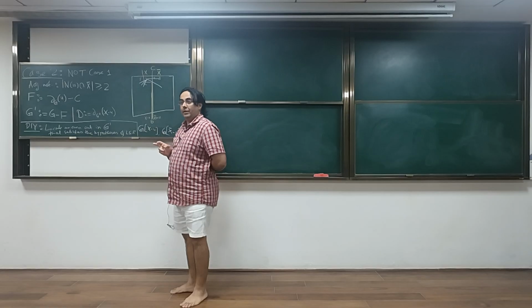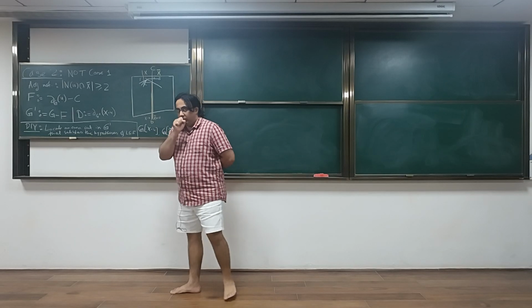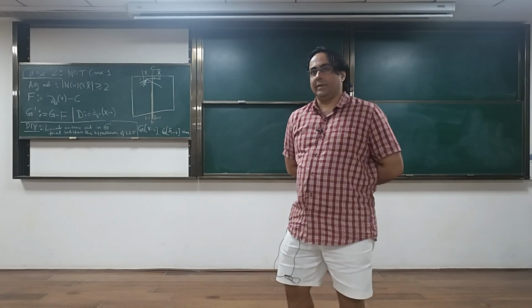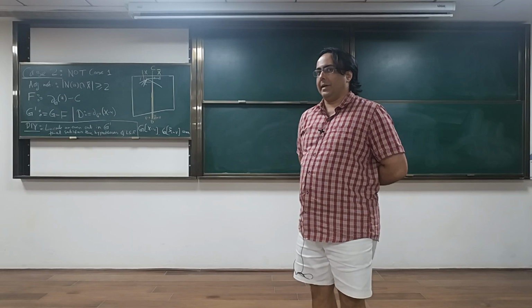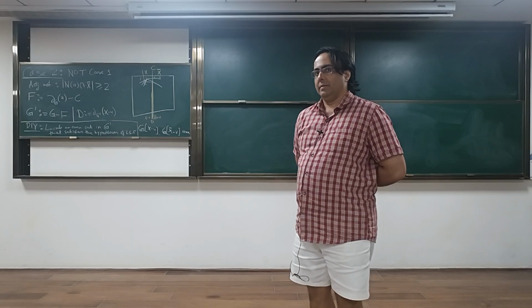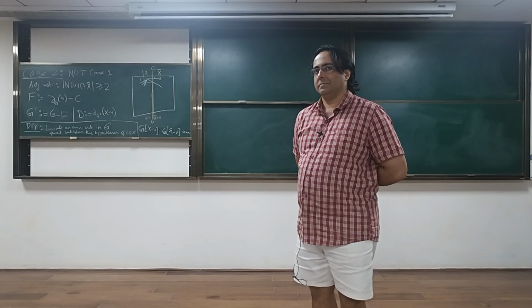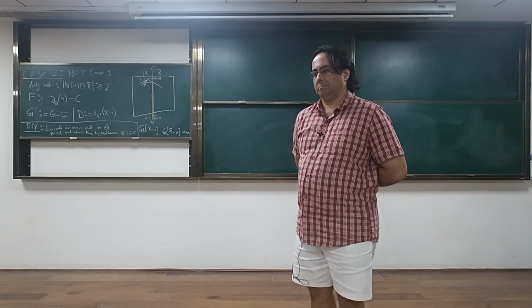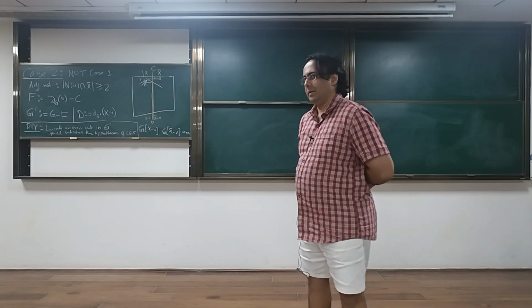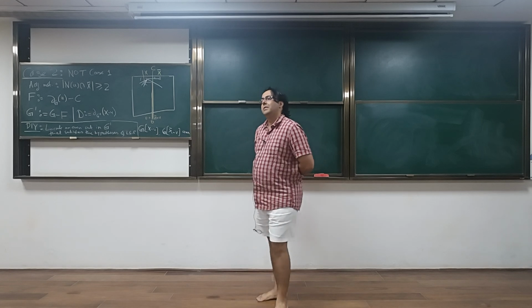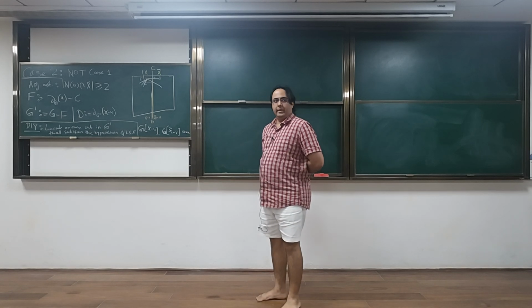So the shores are connected, and do you all agree that the edges of this cut are not matchable in G prime? Check that. Convince yourself that the edges of this cut are not matchable in G prime. Everybody convinced?